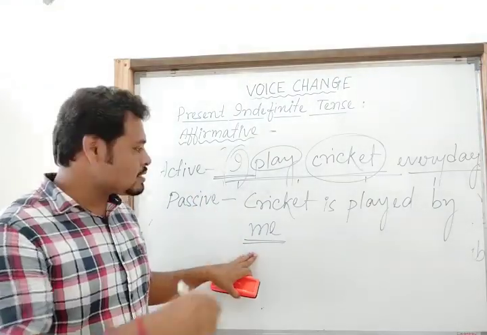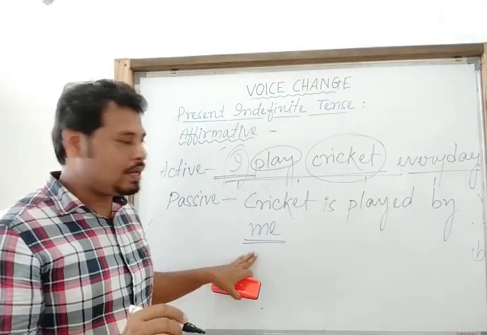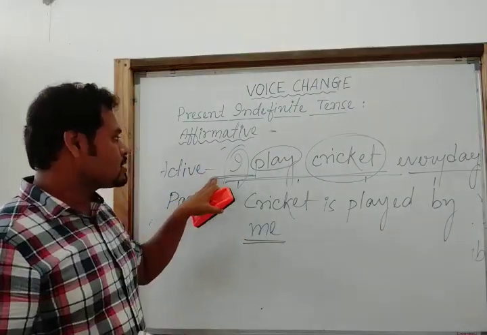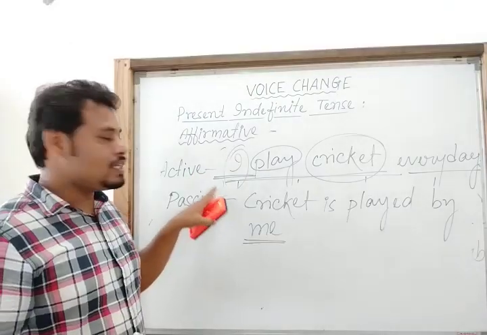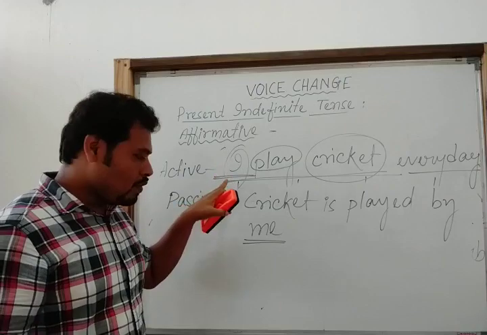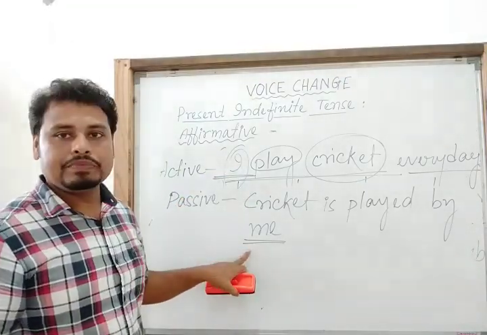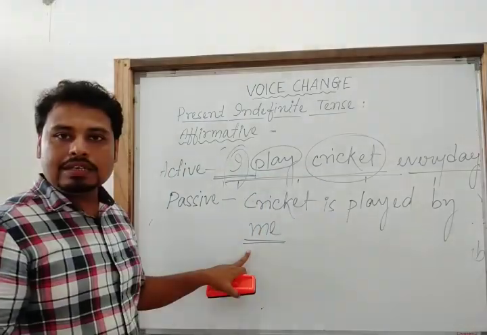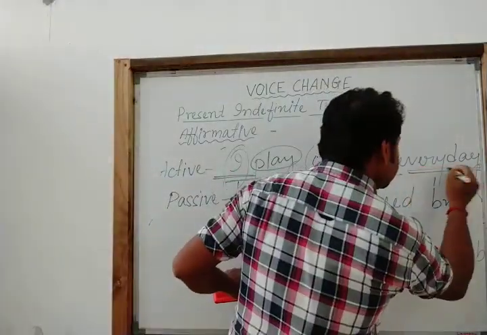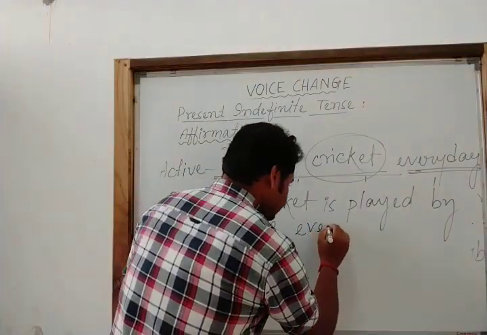Already we have discussed the change of pronoun. I had given you the pronoun table showing how pronouns change from active into passive. Following that rule, the pronoun "I" changes to "me". Now what is remaining? The others. We have "everyday" here, so we use this everyday.